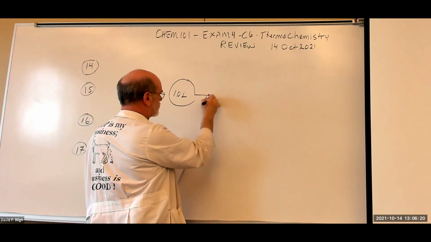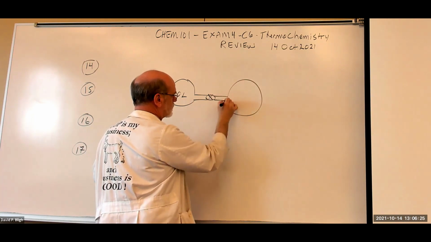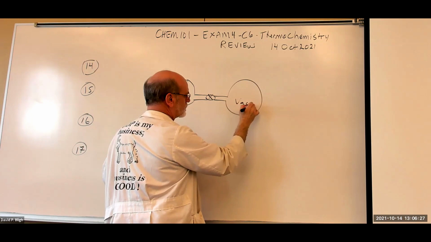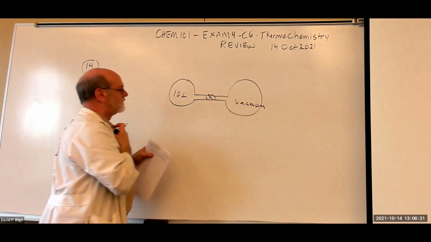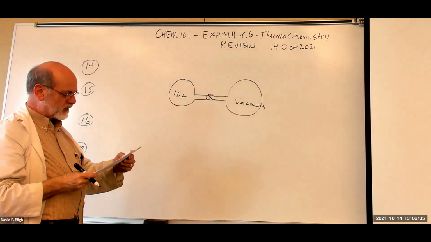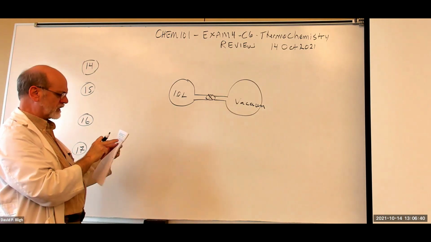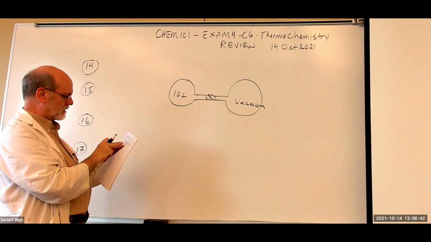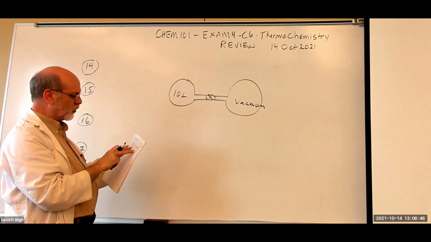So we've got a valve connected to another bulb, and we don't know how big this bulb is. But that's a vacuum. Okay. What is true about the value of Q? Oh, wait a minute. There's more to it. Answer the following questions. When the valve is opened.